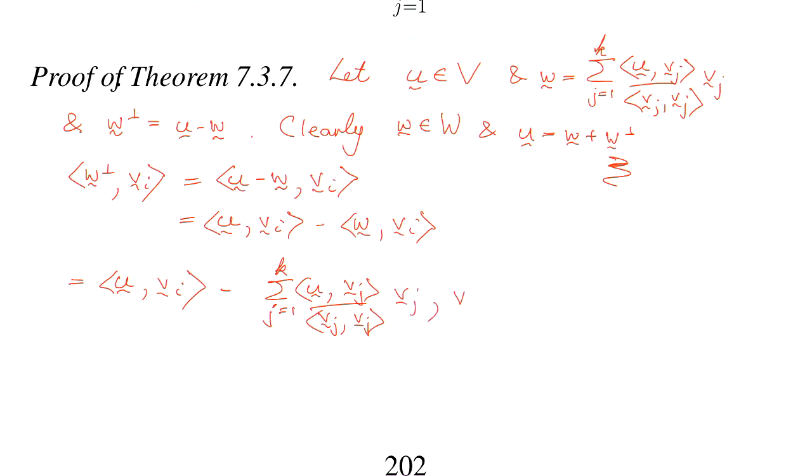So that's W. We want to take the inner product of that with Vi. Now, all of this stuff sitting here might look complicated, but it's just a scalar. It's just the ratio of two inner products, so it's just some scalar. So we can use linearity in the first argument. So I can drag out that j sum, and I can drag out that ratio of inner products because, again, they're just ratios of scalars.